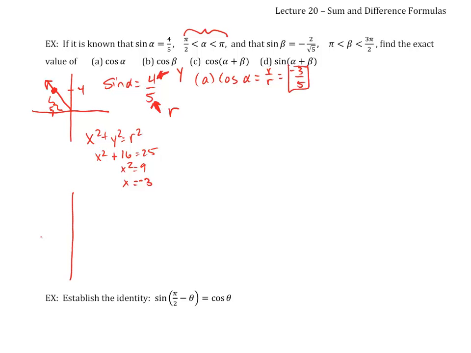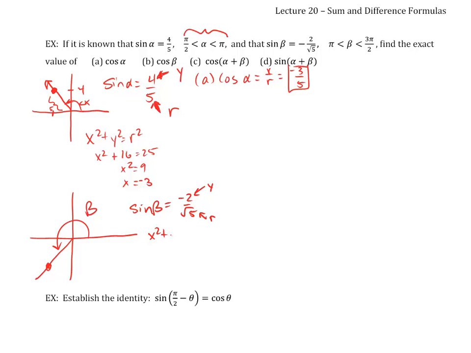Okay, now for the second angle, I know that it is in the third quadrant because beta is between pi and 3 pi over 2, and we've got a point out here, and we know that sine of beta is -2 over square root of 5, so we let y be -2 and r be square root of 5.